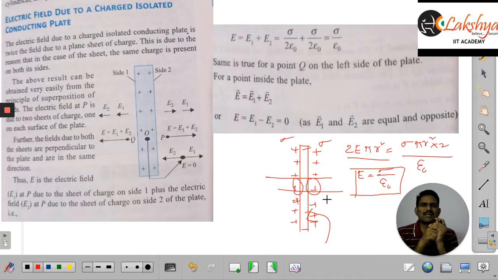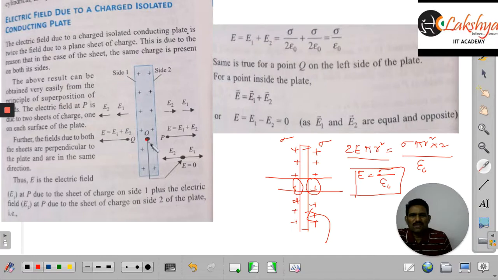So the reason is simply one of the important properties of conductors: the electrostatic field inside the conductor will be zero. So no field will be there inside the conductor, right? That is what we are explaining here. Suppose here I am taking a point O. For the point O, you can treat this as two planes: this side one infinite plane is there and this side one infinite plane is there, right?